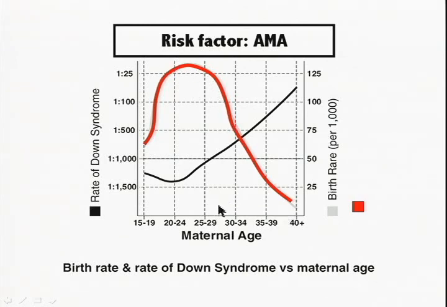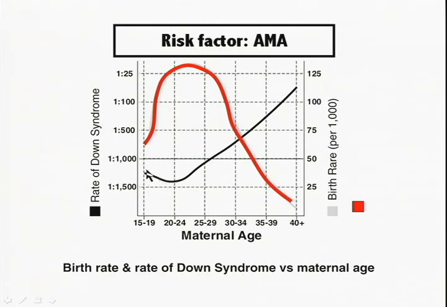If you look at the age of mothers of babies who have Down syndrome, it's going to be the red curve. If you look at the age-specific risk of Down syndrome, it's going to be the black curve. Now, if you look at the black curve, what maternal age is the lowest risk of Down syndrome? Age 20 to 24.